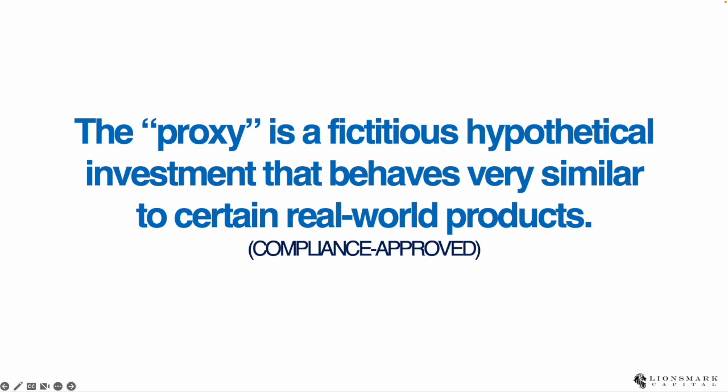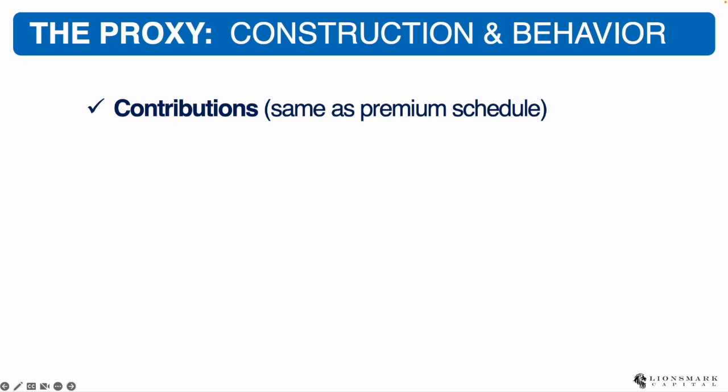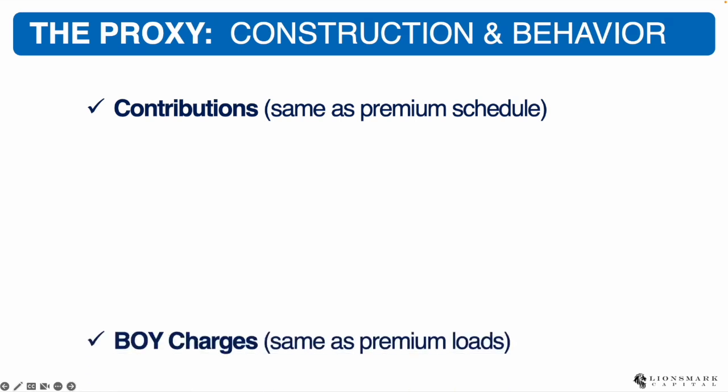And they said, well, you can't rebuild a life insurance illustration, right? That would be non-compliant. But you could build this proxy model that you're talking about as long as you had the right disclosures. So that's essentially what we did. This proxy is built so that it behaves very similar to the IUL. The contributions that go in would be the same as the premium schedule.